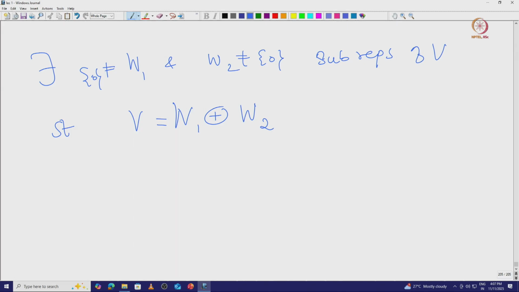Now the dimension of W1 and the dimension of W2 both become strictly less than the dimension of V. So, now using induction we can actually get the result.